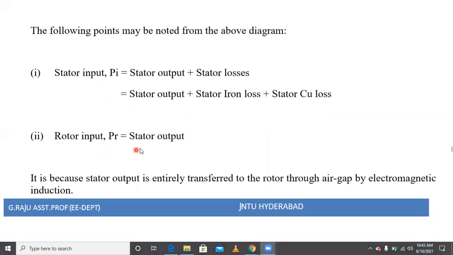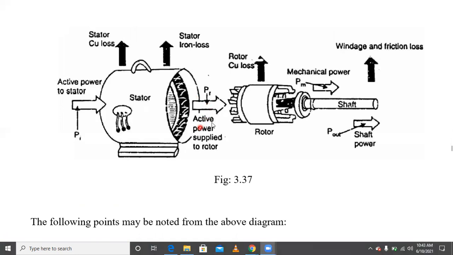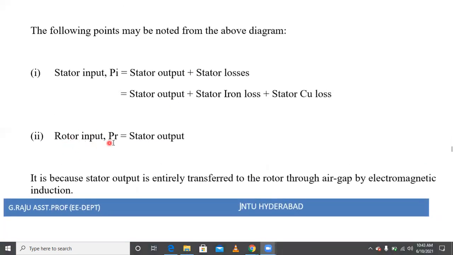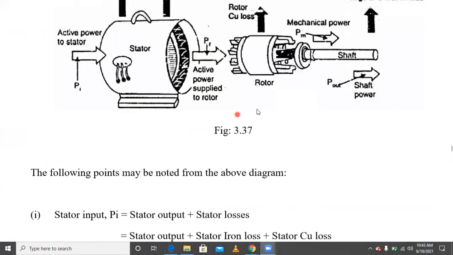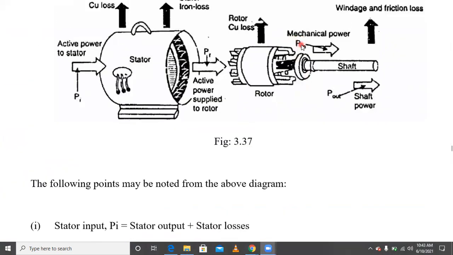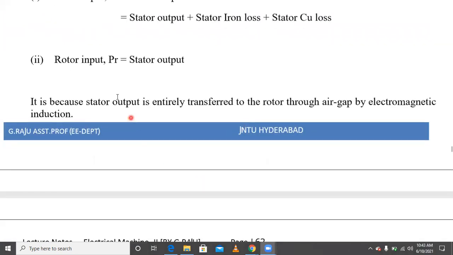And then rotor input is the stator output. The stator output is equal to the rotor input. Understood? And then the mechanical power developed PM is equal to rotor input minus rotor copper loss. This mechanical power developed is nothing but rotor input PR minus rotor copper loss.